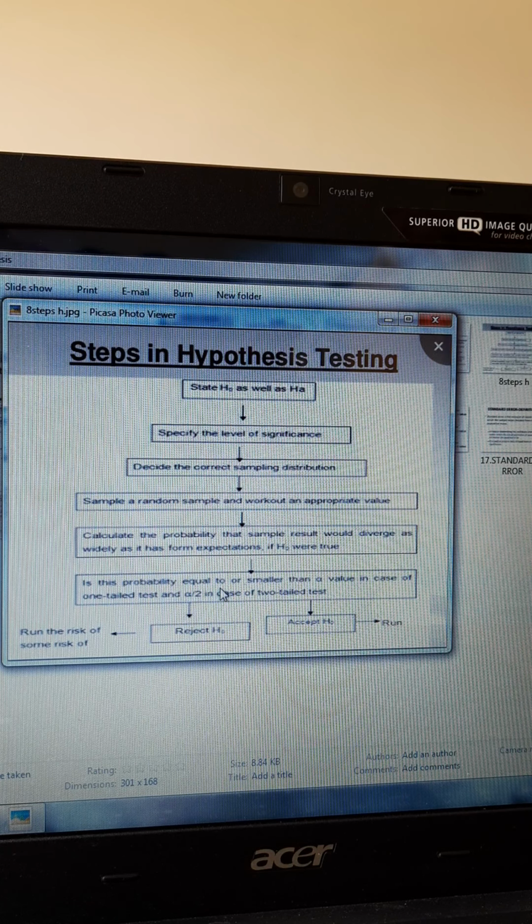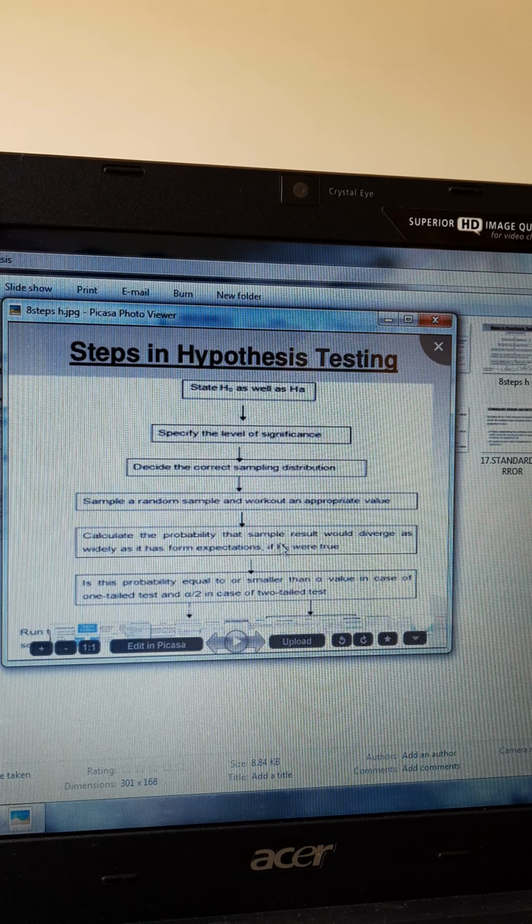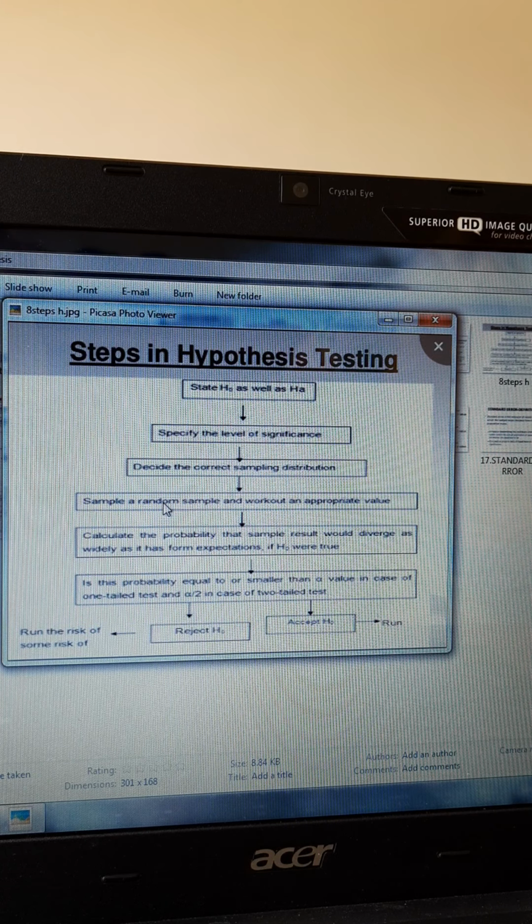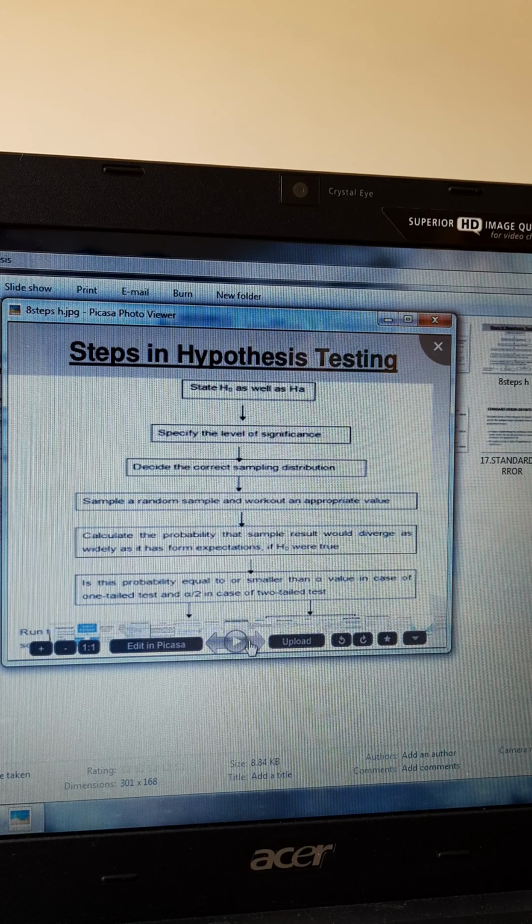Is the probability equal to or smaller than the alpha value? In that case, depending on a one-tailed or two-tailed test, you reject or accept. I think by now you all know this almost by heart, because in your statistics also you have done sums, and here also we have been repeating it so often. So by now you should know this almost by heart.